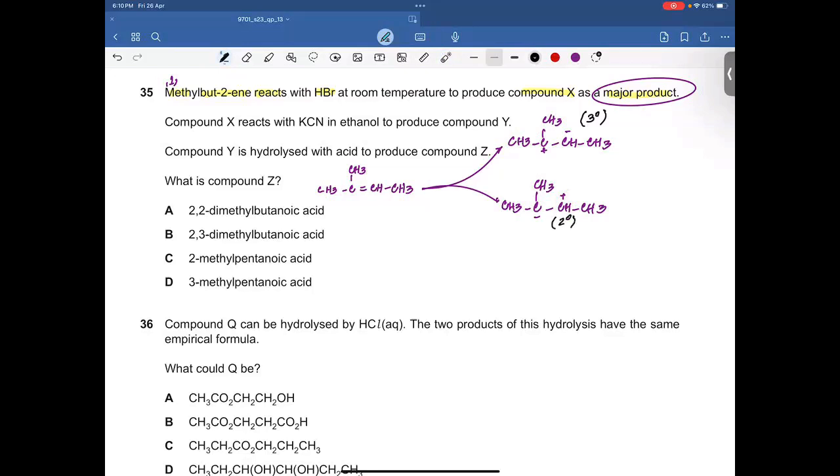You know that a tertiary carbocation is more stable than a 2-degree, and a 2-degree is more stable than a 1-degree, which means the reaction follows this route instead of this one.